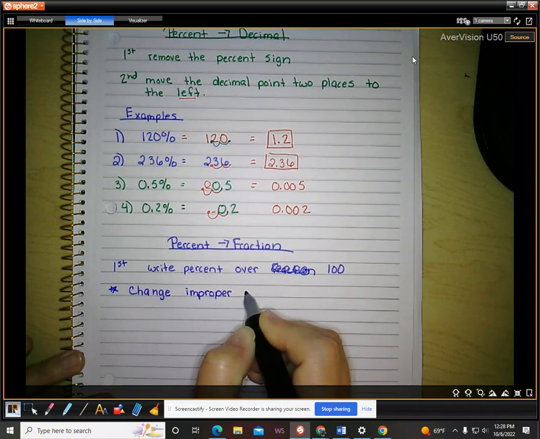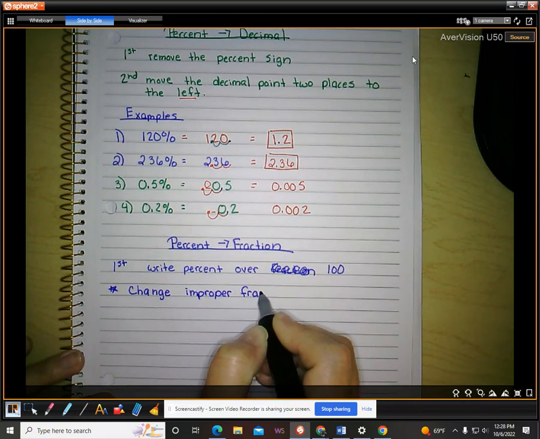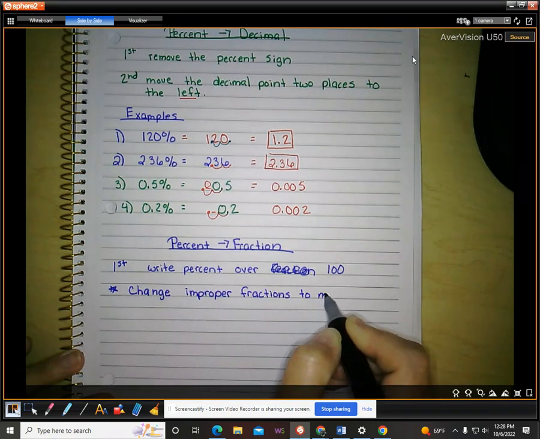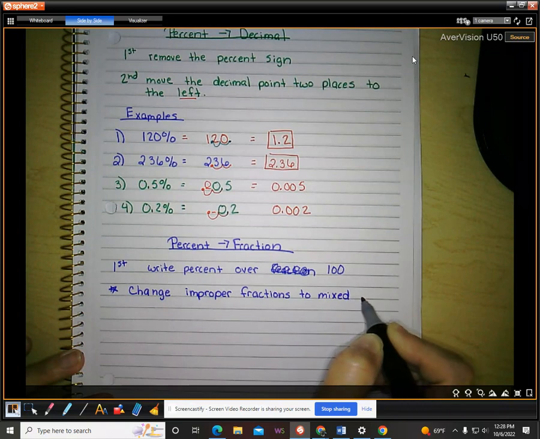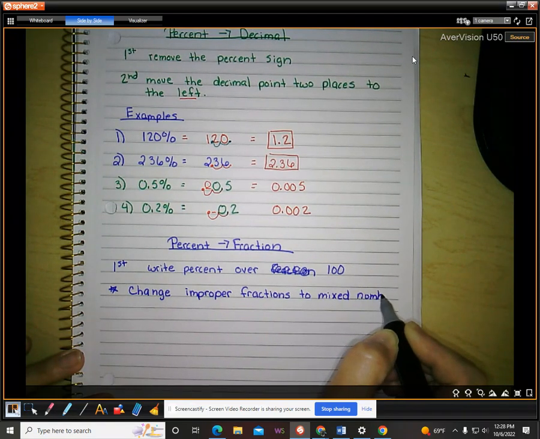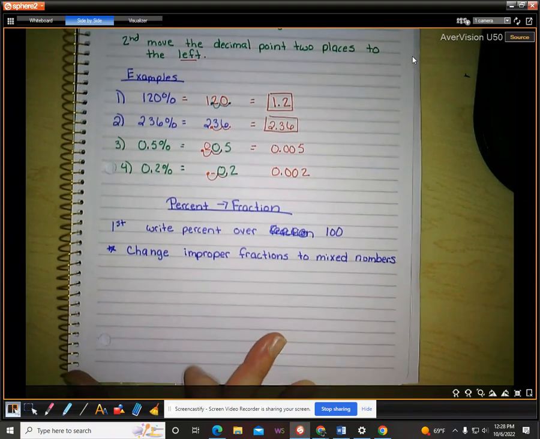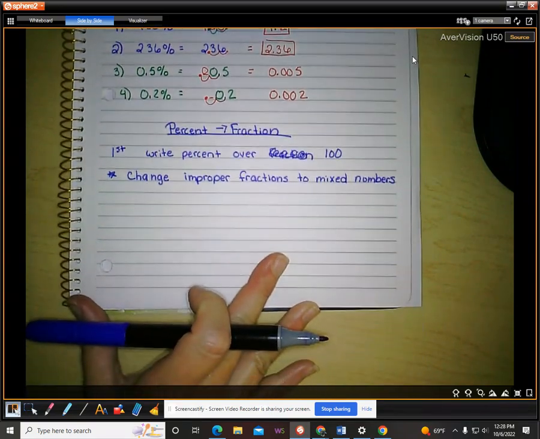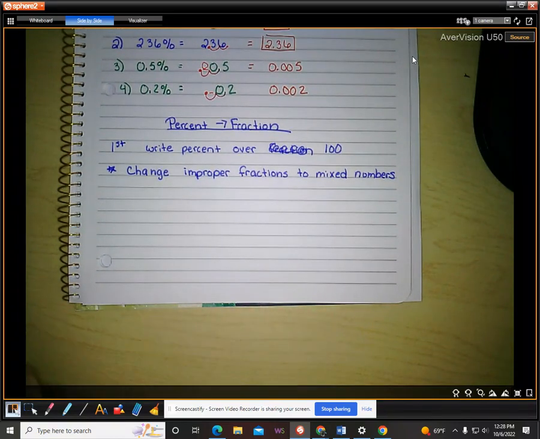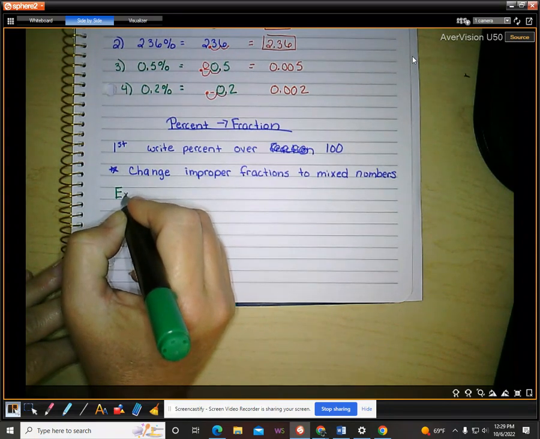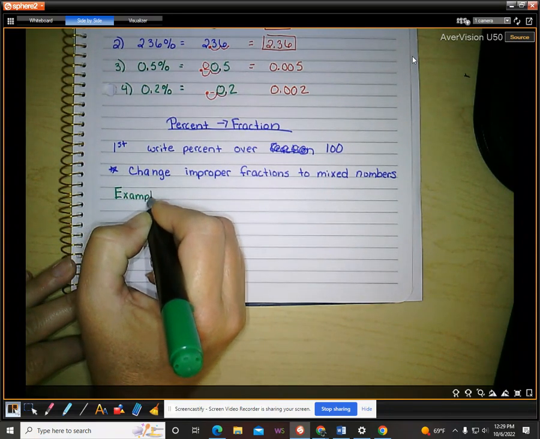And that's what we're going to use today. So all of these are going to deal with numbers that are over 100%. So if you have these notes from before, you can just add these 2 examples.